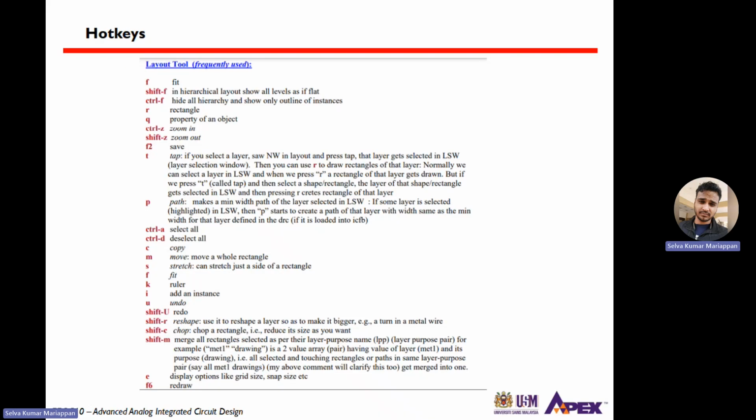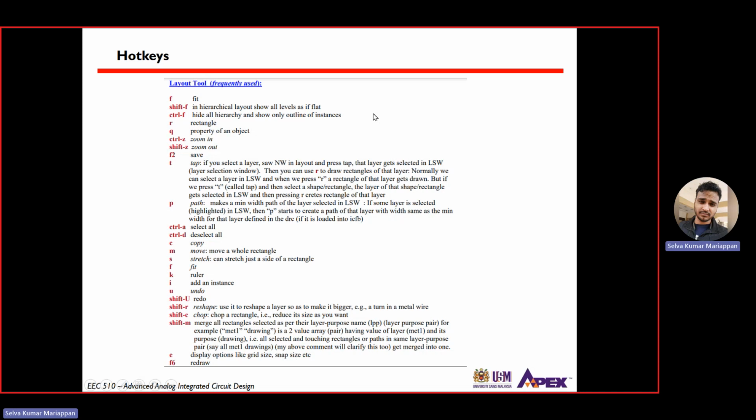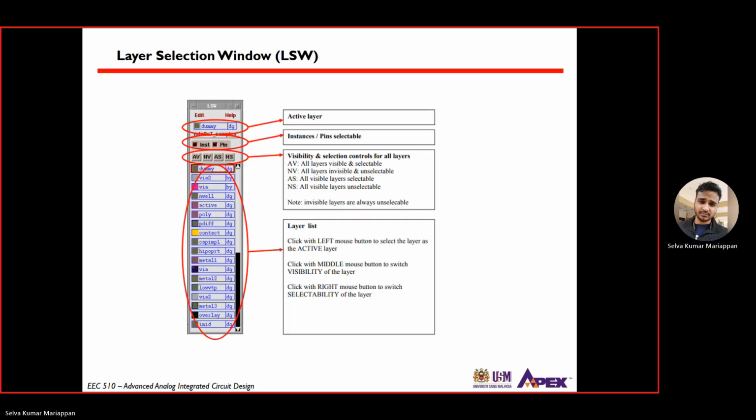These are your layout hotkeys. F to fit. All this you can go through later. For this, I will just do it together with you. These are the layer selection windows. All the metal layers you can see from here. AV means all layers are visible, so you can see them one by one.